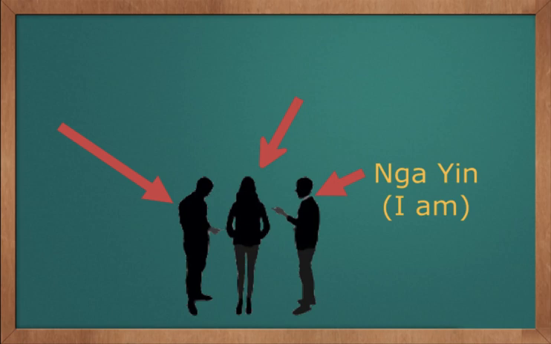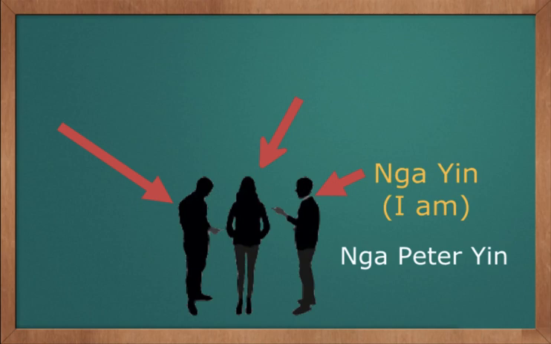If you want to add your name, you can add it in between the personal pronoun and the linking verb. So for the sentence, I am Peter, it is nga Peter yin. You can try it with your name.